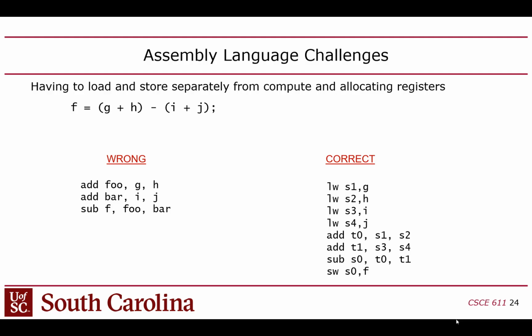For one, in machine language a computer can only perform operations on 2 inputs at a time. But in your high-level code, your C code, you will often have lines of code that have multiple inputs. For example, in the slide I've got f = g + h - i + j.